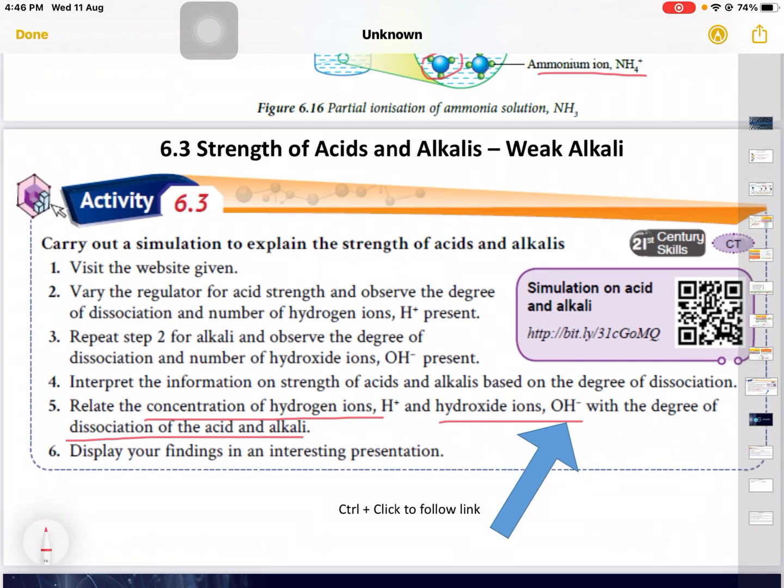If the degree of dissociation is low, the concentration of hydrogen ion and hydroxide ion is also low. Sebabnya kalau pengionan lengkap, maka kepekatan hidrogen ion dan hydroxide ion juga akan tinggi. Kalau pengionan separa, degree dissociation dia rendah, maka kepekatan hydrogen ion dan juga hydroxide ion juga rendah.